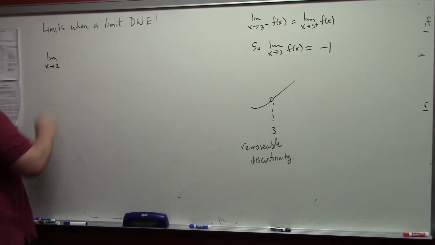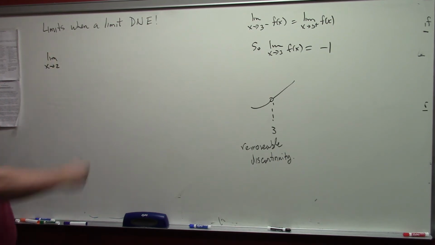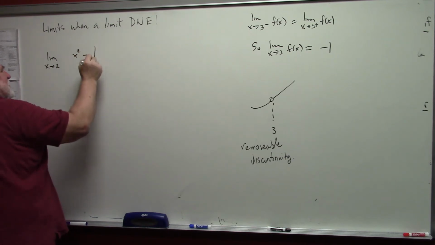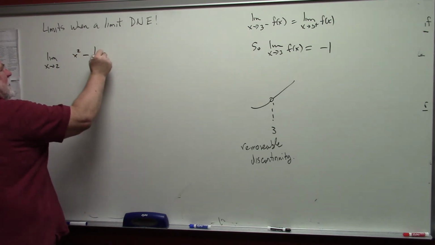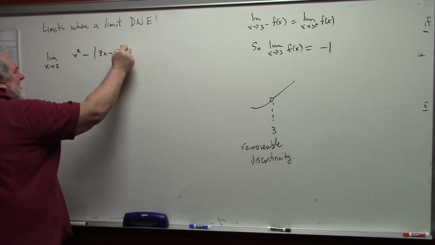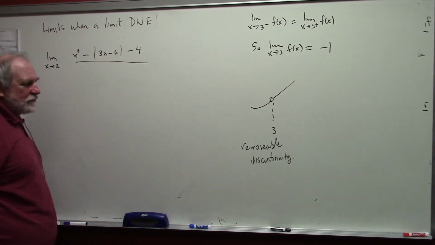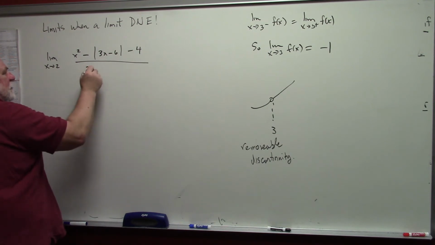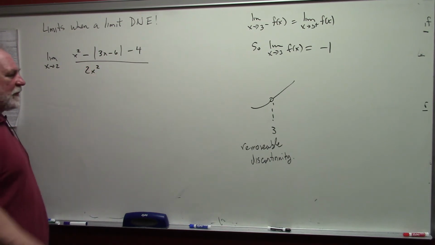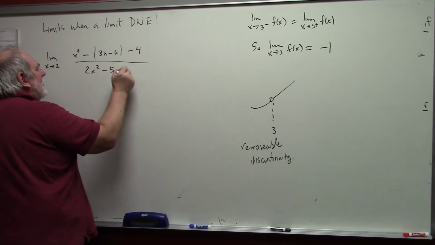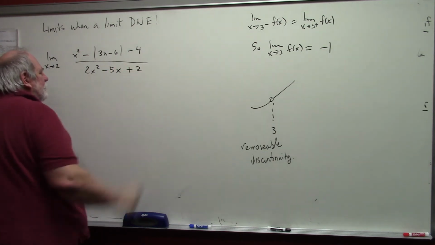What if I have the limit as x approaches 2 of x squared minus the absolute value of 3x minus 6 minus 4 all over 2x squared minus 5x plus 2.